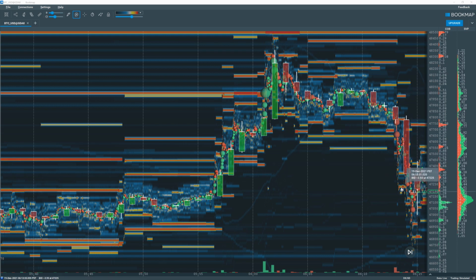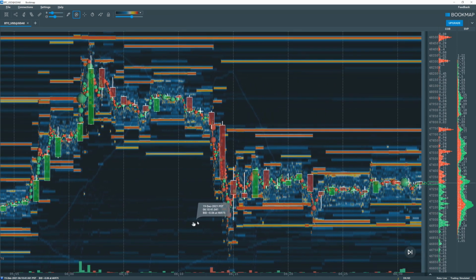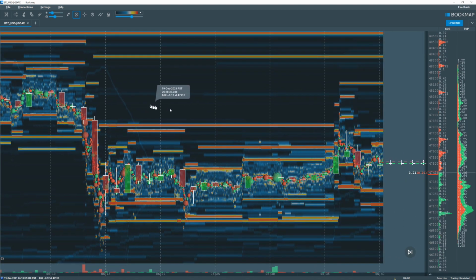You can see they try to get it to go back up here, but it didn't help. The price kept dropping and dropping, and the pressure from the sell walls kept dropping, and eventually they held steady here. They had another one here and here, so they kept changing it.